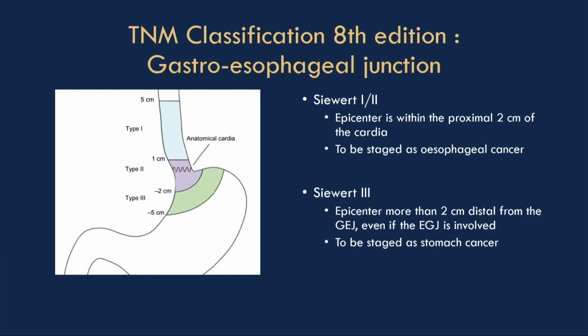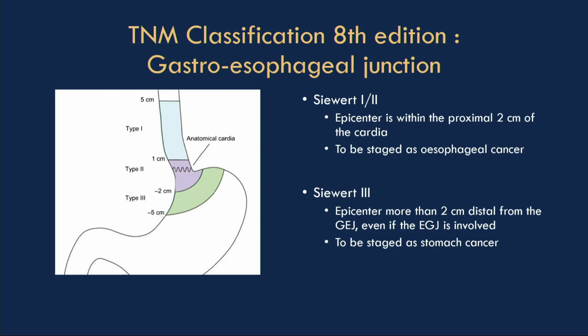You have 3 types of Siewert, the types 1 and 2 that have to be staged as esophageal cancer, and the type Siewert 3 has to be staged as a stomach cancer.